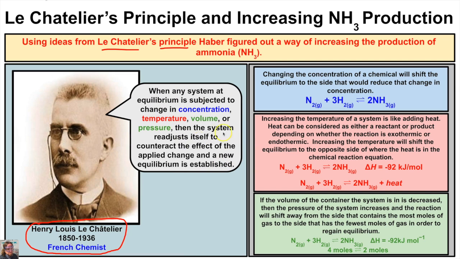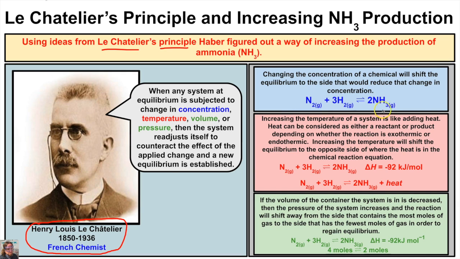So let's go ahead and apply this concept to the Haber process. If we take a look right here, according to Le Chatelier, changing the concentration of a chemical will shift the equilibrium to the side that would reduce that change in concentration.